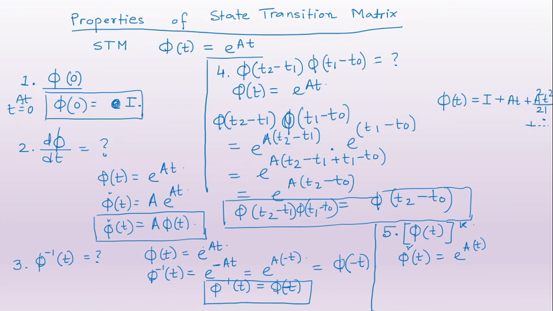So if k comes here, this will be this. So basically this is phi t and there is a k multiplied, so we can write it as phi k t. So phi t whole to the power k is this. So this is the fifth property to remember.